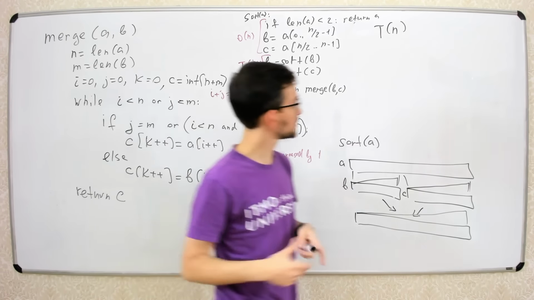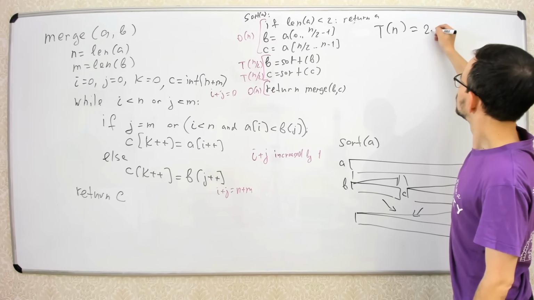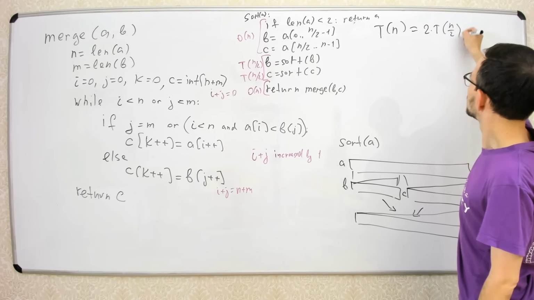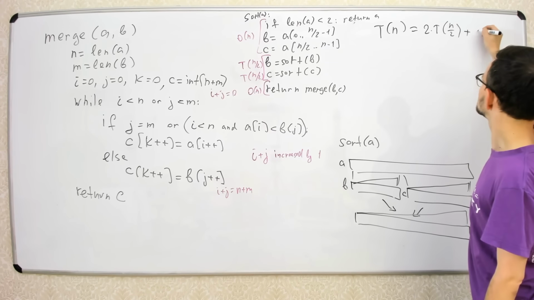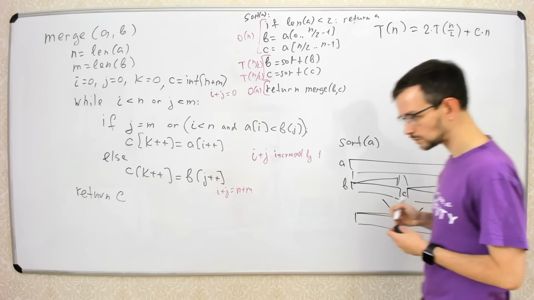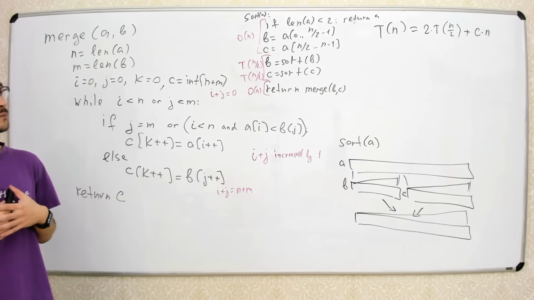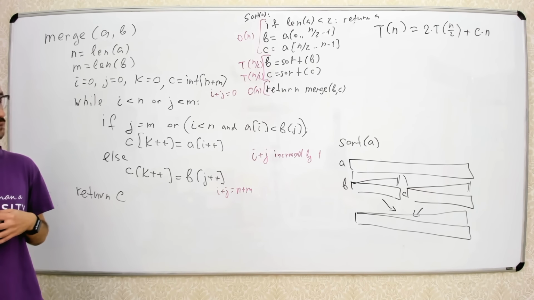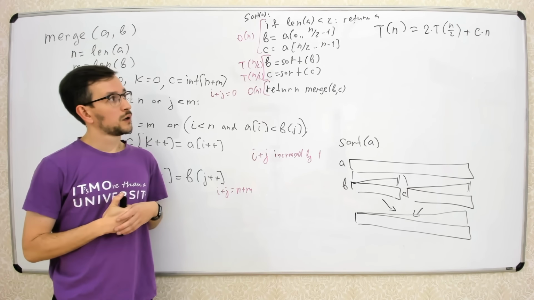So the total time complexity will be 2 multiplied by T of n over 2 plus some linear stuff here. So plus, let's say, some c multiplied by n.